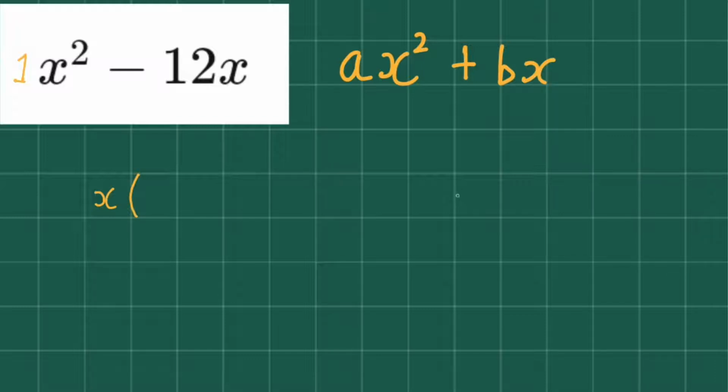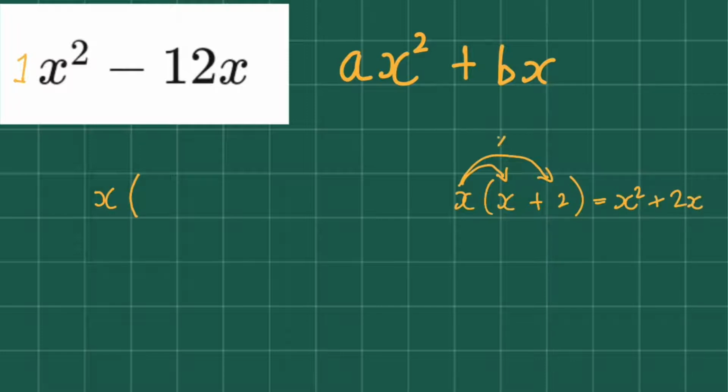Well, if I had an x on the outside of a bracket here and I had x plus 2 inside, we would be expanding this to find out what it's equal to by multiplying the x into both terms, giving us x squared plus 2x. So this way round, which we call expanding, is multiplying. But instead, we're not expanding. We're going the other way, which is factorizing. So that's governed by division.